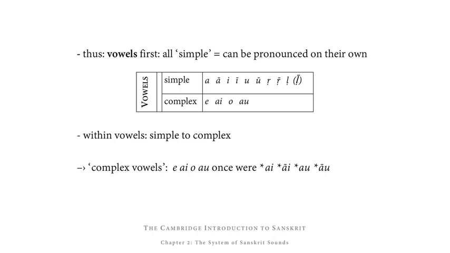So from back to front within the simple vowels. The long vocalic l is listed in brackets because it actually doesn't exist within Sanskrit. It is listed in grammars simply to make the system a little more balanced.